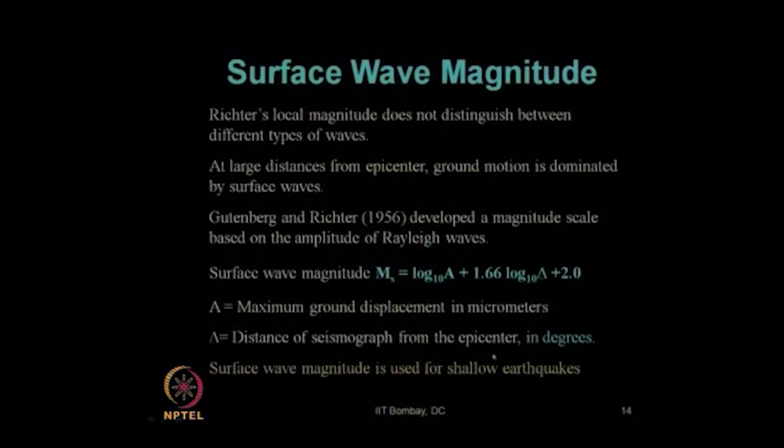That is why it says distance of seismograph from the epicenter in degrees. Surface wave magnitude is generally used for shallow earthquakes. Why? Because quite obviously, only a shallow earthquake will have a major amount of surface wave which will surface out on the earth's crust.